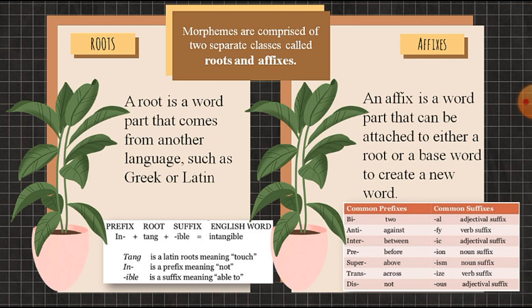And an affix is a word part that can be attached to either a root or a base word to create a new word. Here I'm going to give you some examples so you know exactly what roots and affixes are.